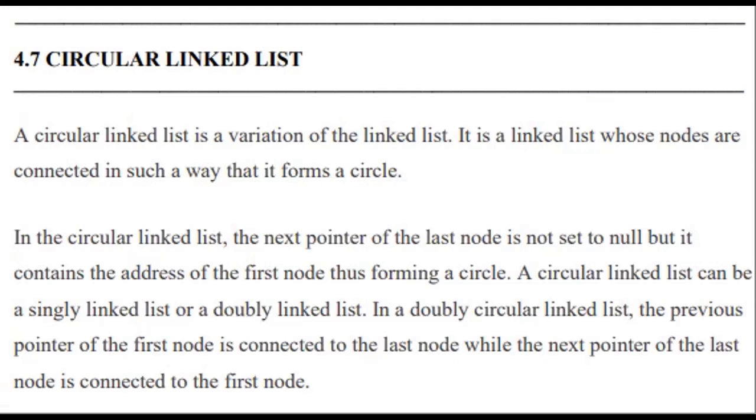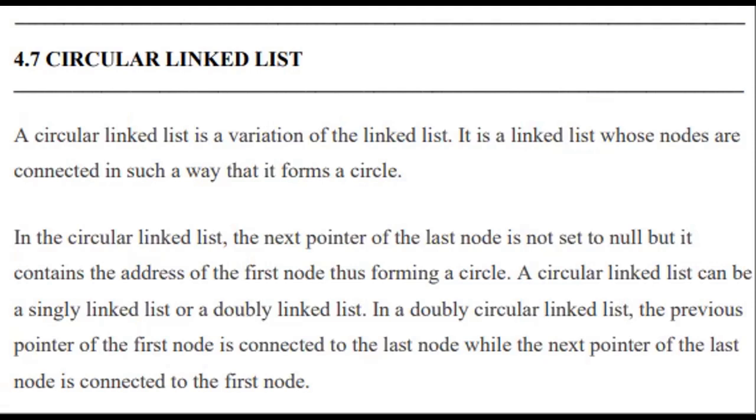And actually, in circular linked list, there are two types. It can be a singly linked list, in a single fashion, like start to end, or a doubly linked list. Doubly linked list is nothing very different. We have said that a node can have a data part and a link part.